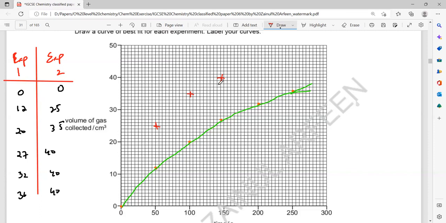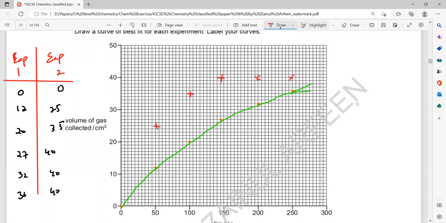So better to label on it instead of using a key. Then 200, we have 40. It was 25, 35, then 40, then 40. So it will be 40 again, then 40 again.